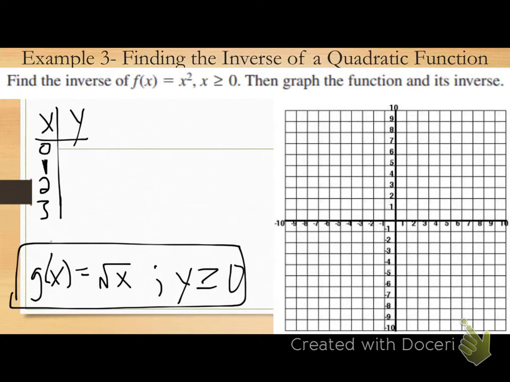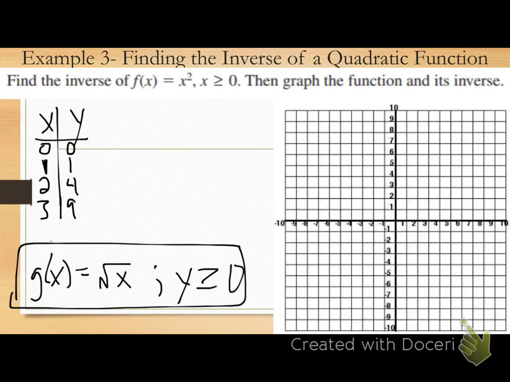If I plug 0 in, I get f of 0 equals 0 squared. What's 0 squared? 0. If I plug 1 in, what's 1 squared? 1. 2 squared? 4. 3 squared? 9. Everyone good with how I plugged into my original function?